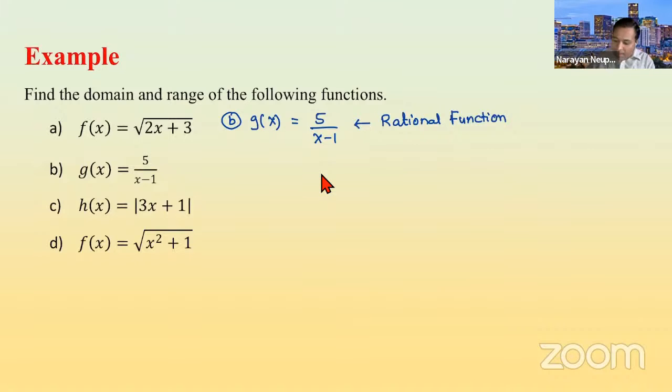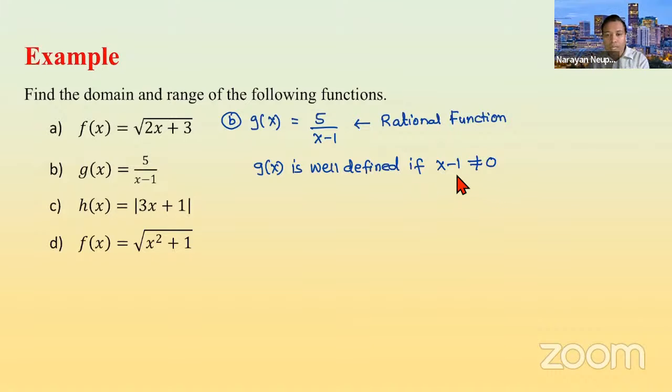So we say g of x is well defined if x minus 1 is not equal to 0.